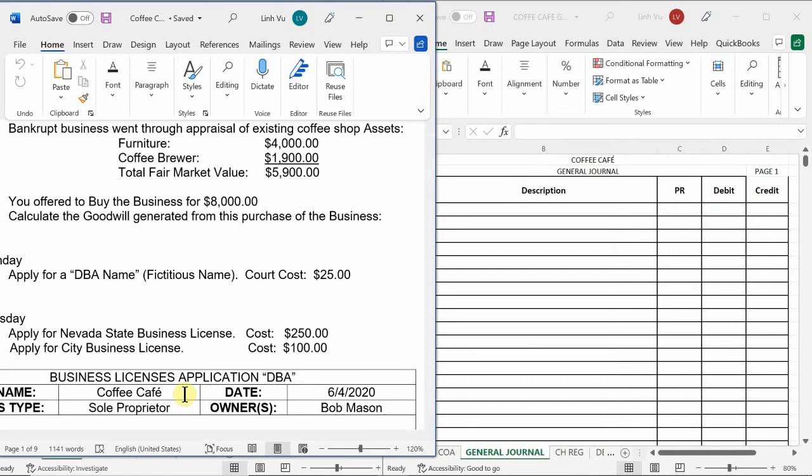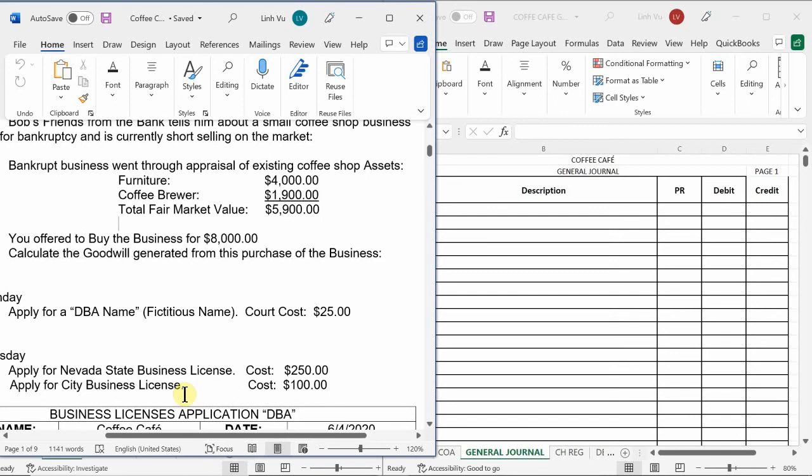Since we're going to take over the operations, we need to go through the legal court system to actually change the name so we can use it however we want. So it cost us $25 to change the name for the business.